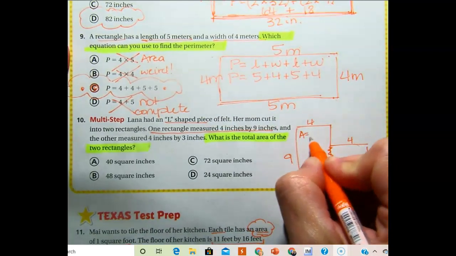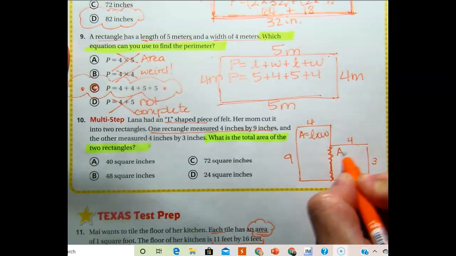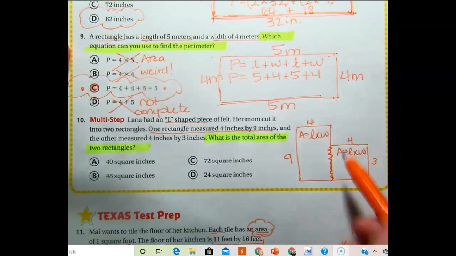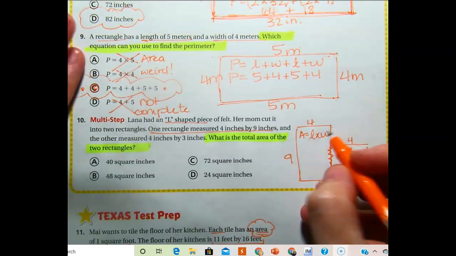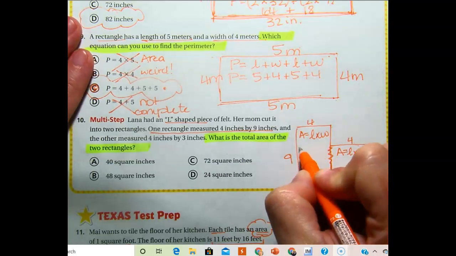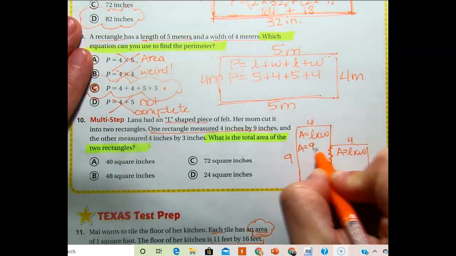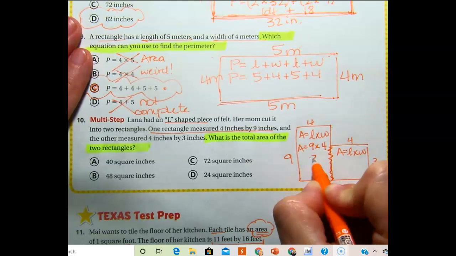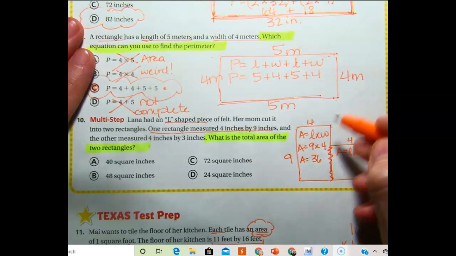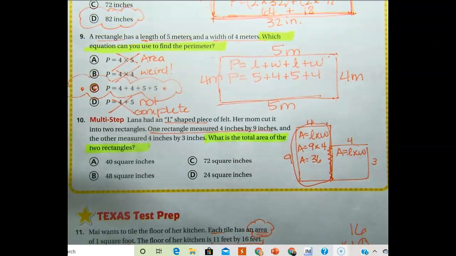Area equals length times width. And it gave us those dimensions that we needed. So we're good. We're golden. Area equals, we could say 9 times 4, which is 36. So the area of this section here is 36 square inches.